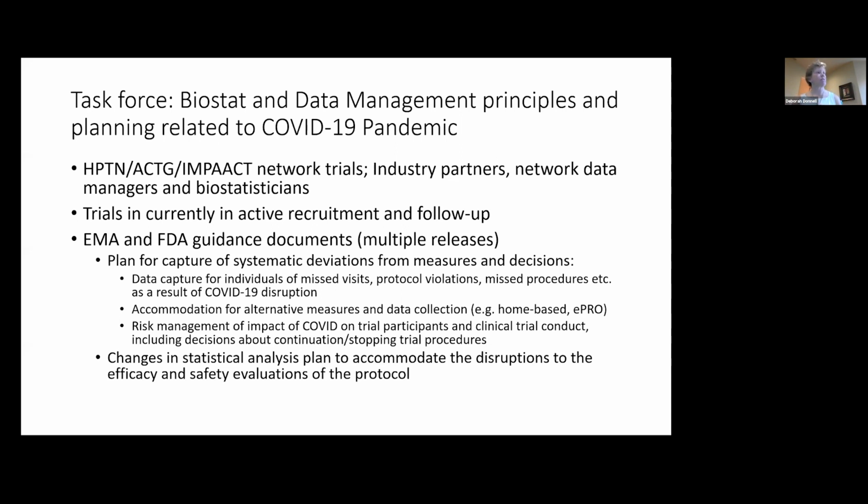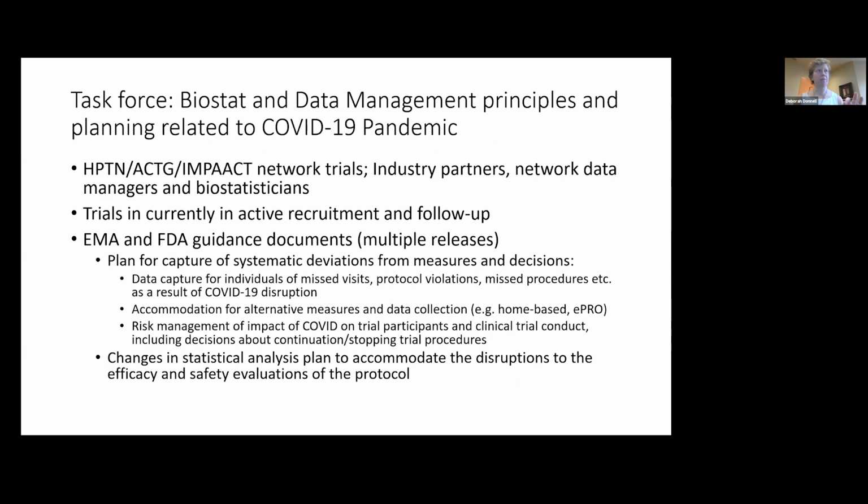The goal is risk management of the impact of COVID on both trial participants and clinical trial conduct, including decisions about continuation and stopping of trial procedures. And the second part is how you are going to deal with the inevitable changes in your ITT statistical analysis plan to accommodate the disruptions in the efficacy and safety evaluations of the protocol. So that's what the task force is about.